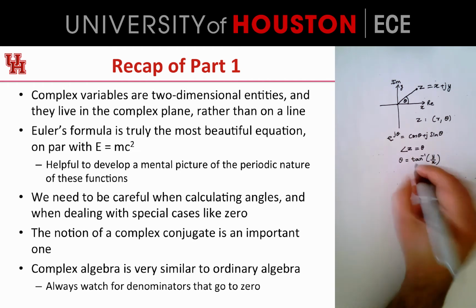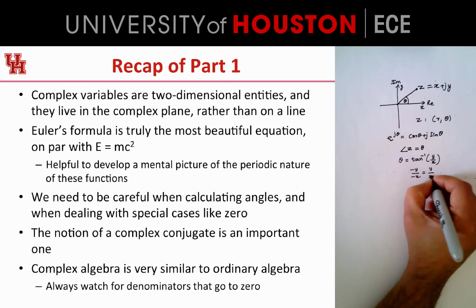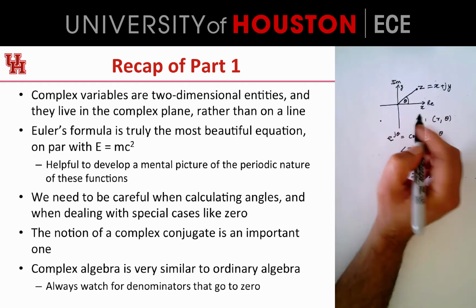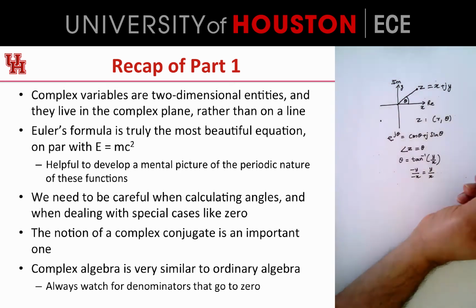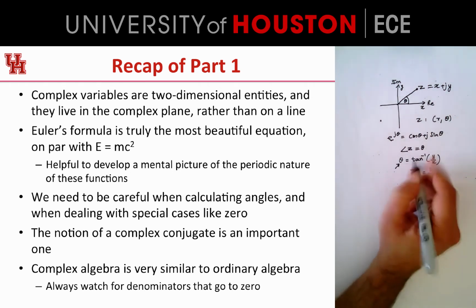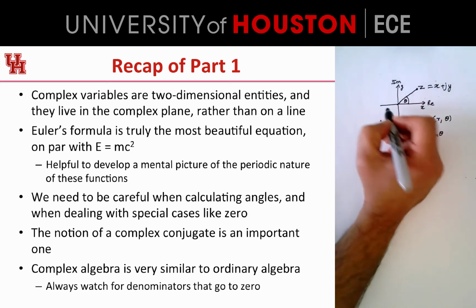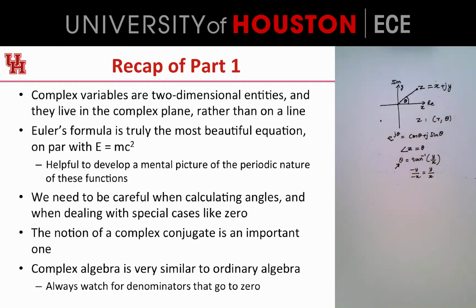Because minus y over minus x is just the same as y over x, right? So if you have a number that's kind of like here, okay, it can get confused with the number z. So keeping that in mind, you have to calculate this argument carefully, okay, keeping in mind what quadrant the number shows up in, or if it lies on any of these axes, right?